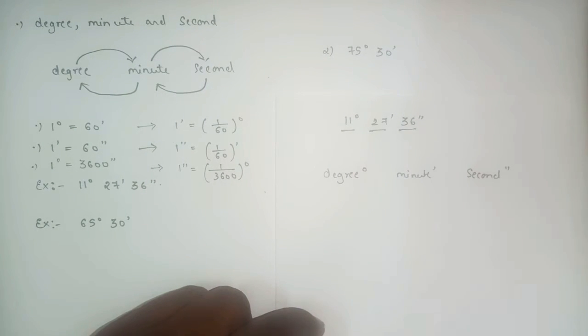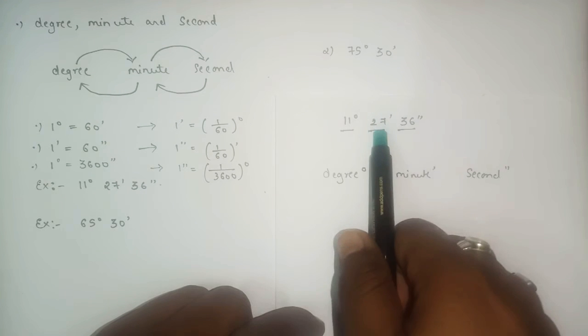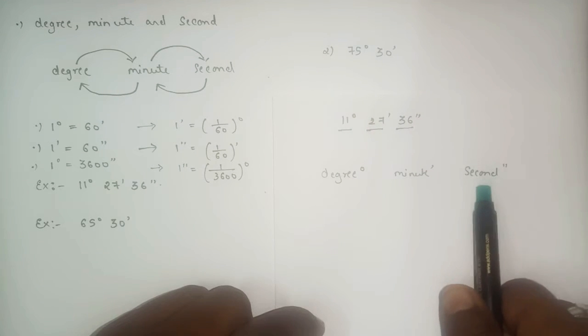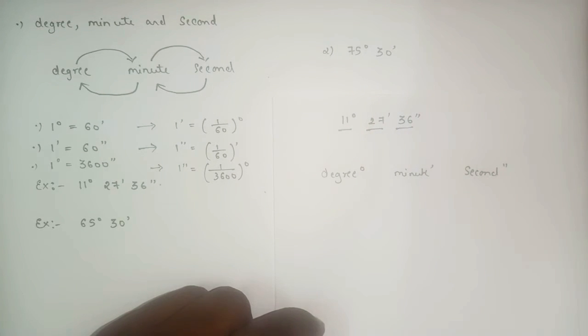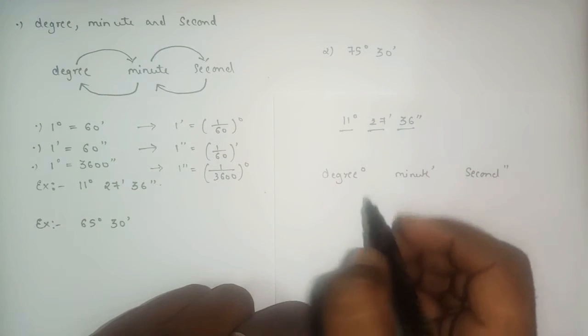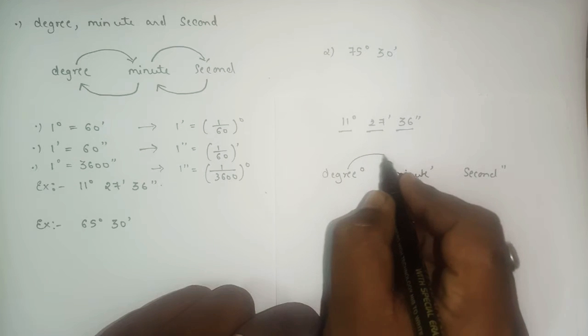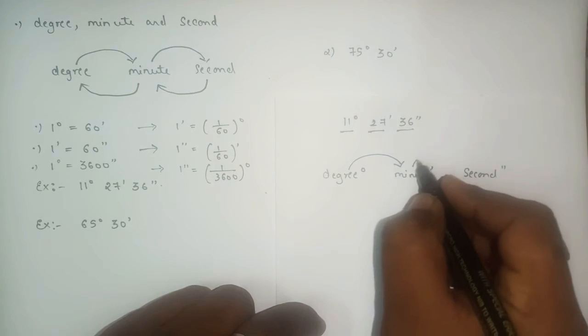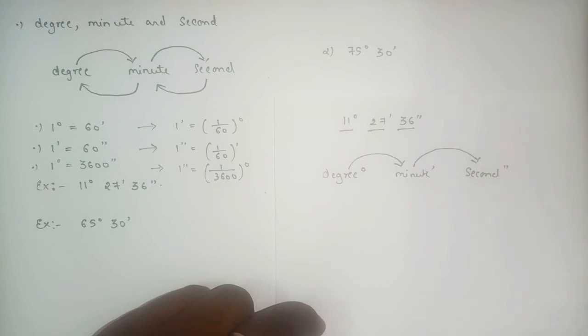For degree we use the circle, for minute a single dash, and for second a double dash. Now we'll see the conversion, how to convert degree to minute and then minute to second.